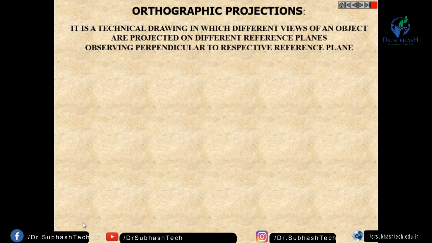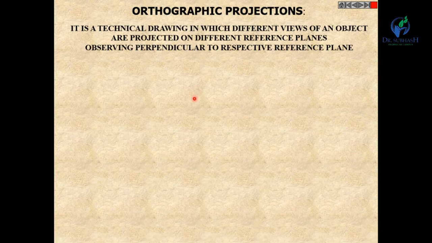That means if any object is there and you want to draw its projections, and the projections on those particular reference planes are perpendicular to the reference planes, then such projections are known as orthographic projections. So here we have to remember that orthographic means perpendicular. The projections are perpendicular to the respective reference plane.